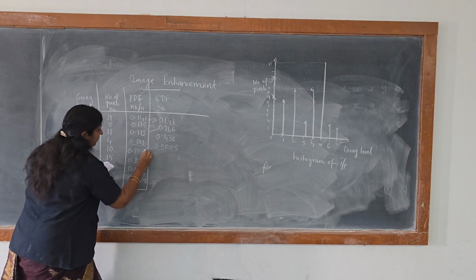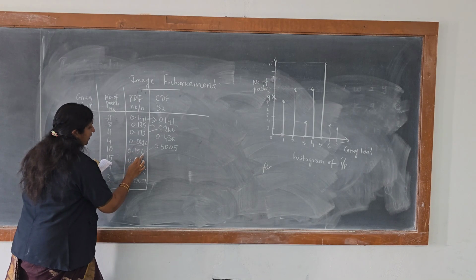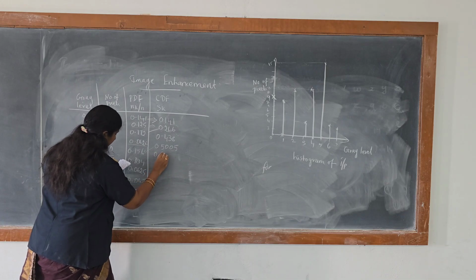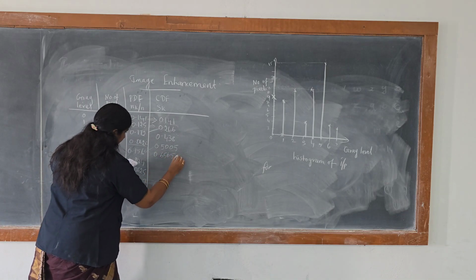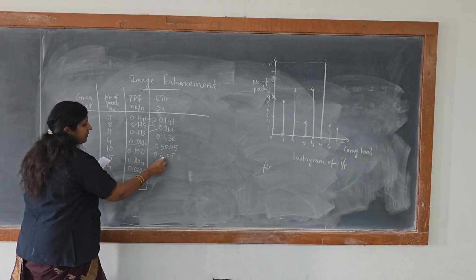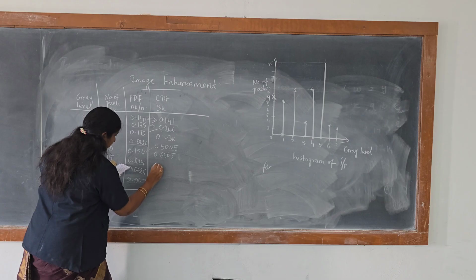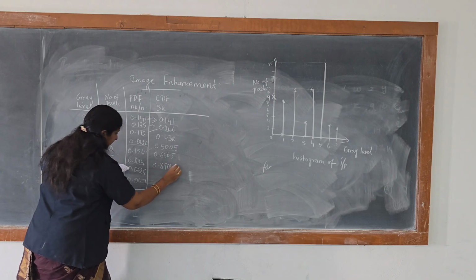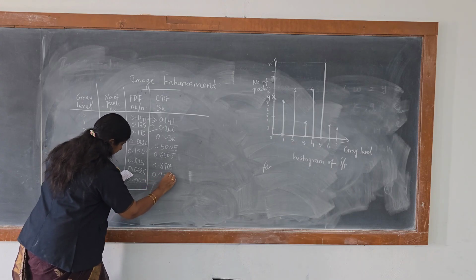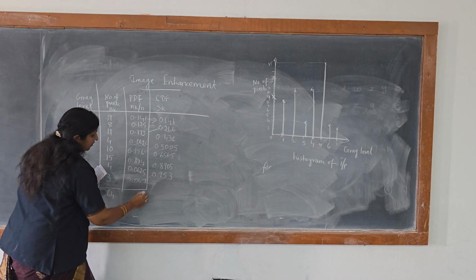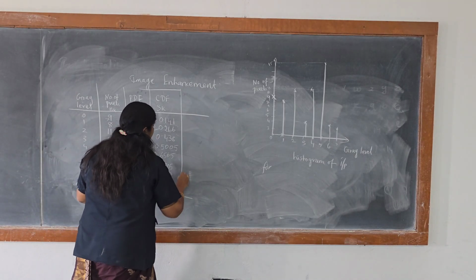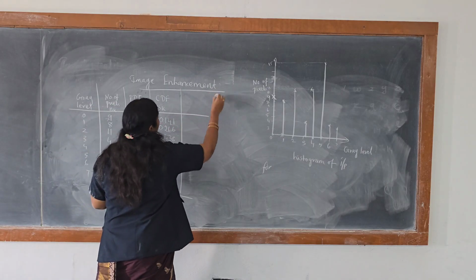Then 0.156 is added with 0.5005, you will get 0.6565, and again add the next value, you will get 0.8905. Again add the next value, you will get 0.953. Finally, if you add these two values, you get 1 as a result. So we have calculated the cumulative probability density function.